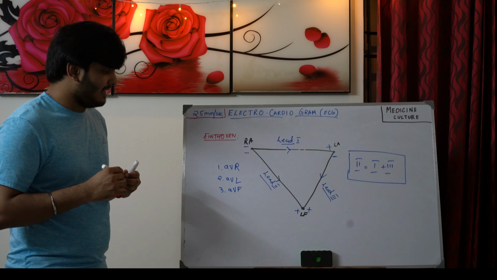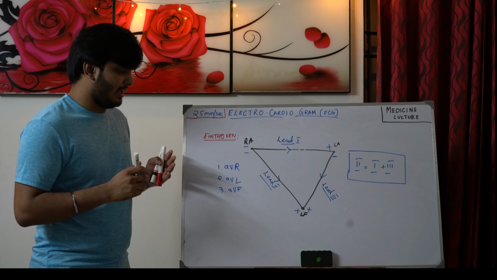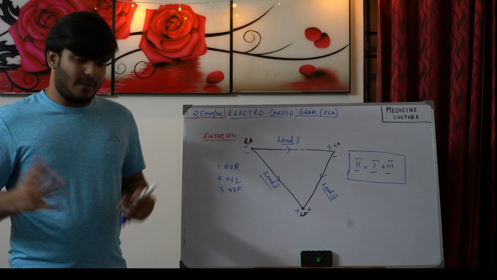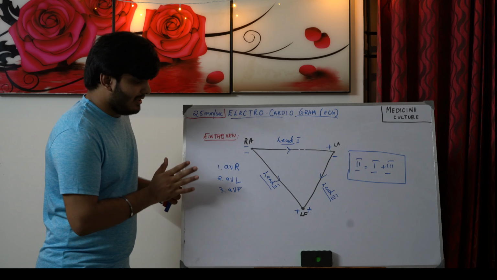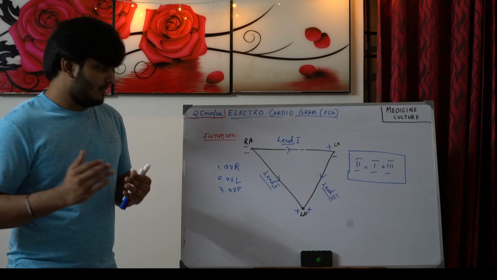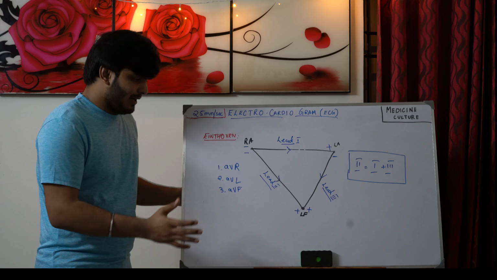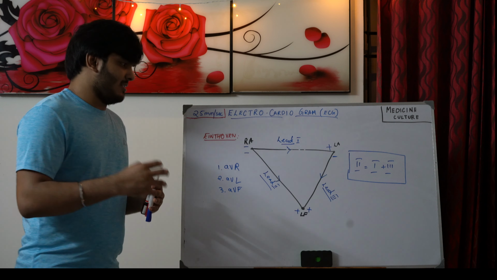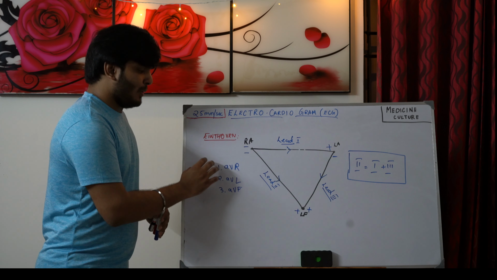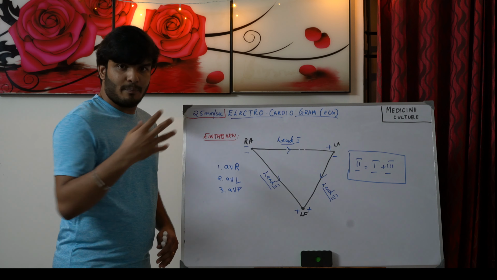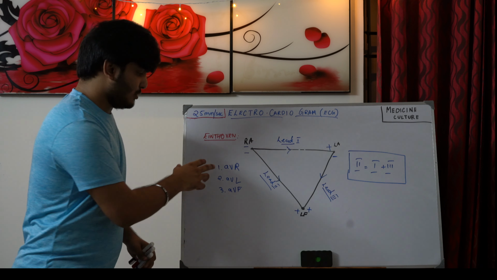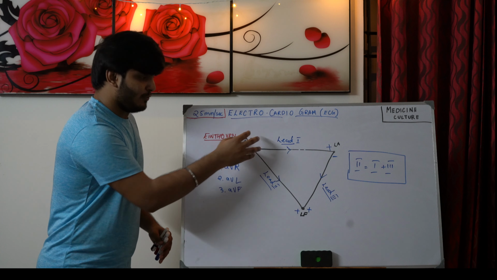These three augmented leads are unipolar leads, and for example, let's take AVR. Augmentation, AVR, so is that augmented right? Yes. So you are augmenting the right arm. If you are augmenting this position, it means that this point becomes positive.